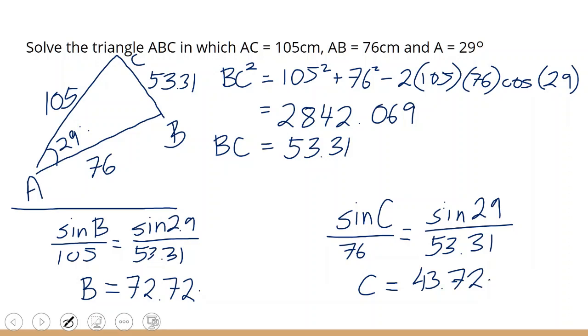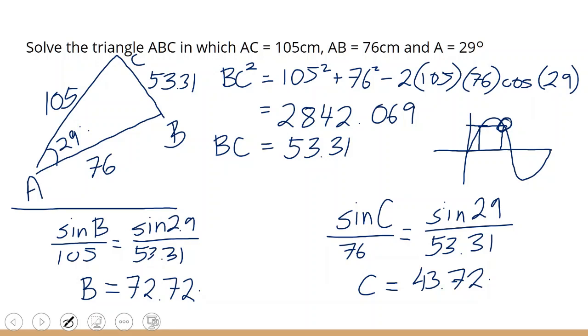Okay? And so if we remember the graph of sine, maybe I'll just draw that over here. There's going to be two places, an acute and obtuse angle, that are equal to the same value. So what happens here is one of these angles we should be grabbing the obtuse angle instead of the acute.